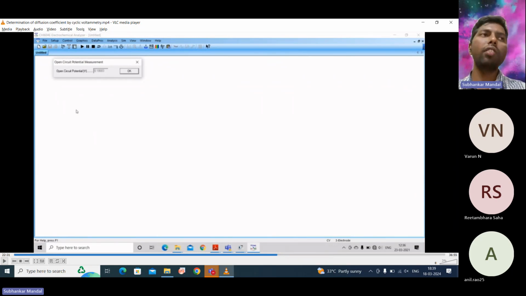This open circuit potential is the equilibrium potential. Whenever you start the experiment, you have to start from the OCV value, or open circuit potential, because that is the equilibrium state. If you start from some other potential, suppose now the potential is 0.196 volt or 0.2 volt, and you start the experiment from 1 volt, there is a difference of 0.8 volt.